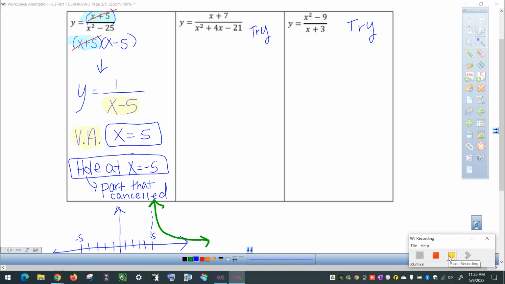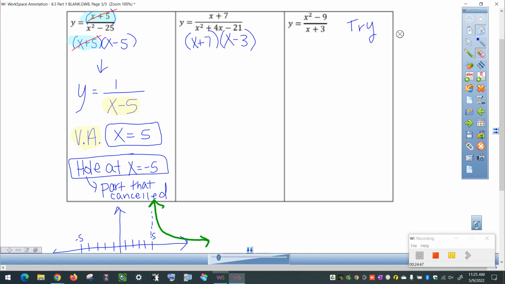So hopefully you saw that we can factor our denominator here. This is just a basic trinomial. So we're going to factor it into x plus 7 multiplied by x minus 3. And then notice that we had an x plus 7 on the numerator. Because that was the same as this x plus 7 down here on the denominator, we can cancel those.